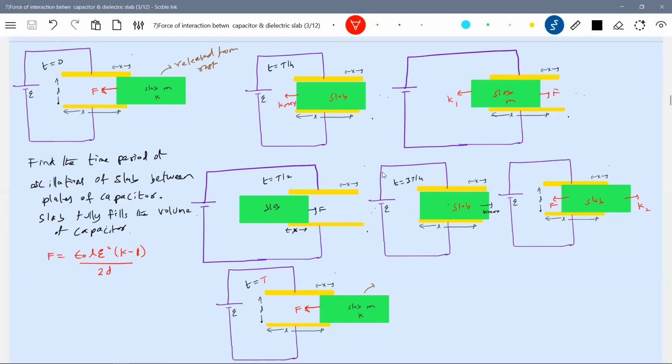Will it oscillate here also? Will the current direction change, or will it remain fixed? The first will start from here. The moment I release the slab, with some x length of slab between the plates, it will start accelerating. Capacitance will increase. Potential difference is constant, capacitance increases, so charge should increase. These are the logical thinking steps. Please do bring this across the capacitor.